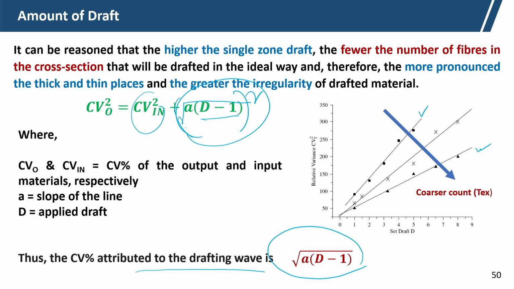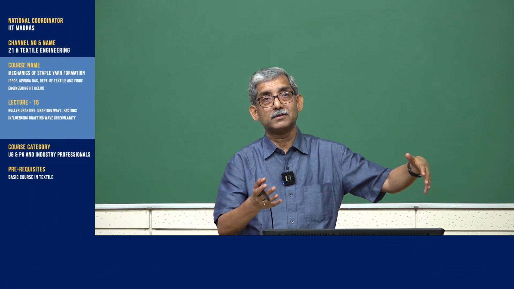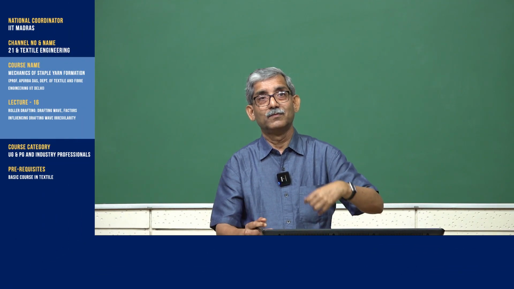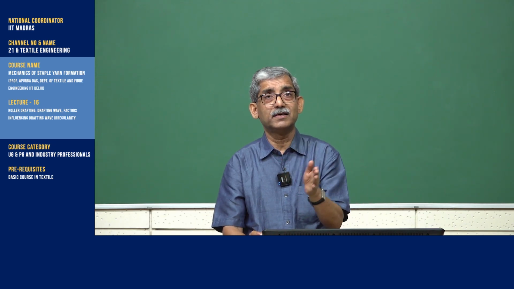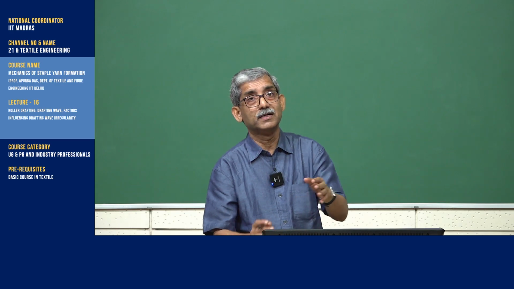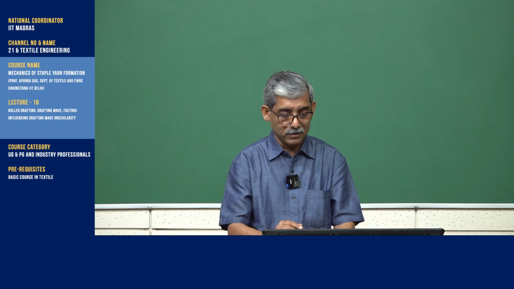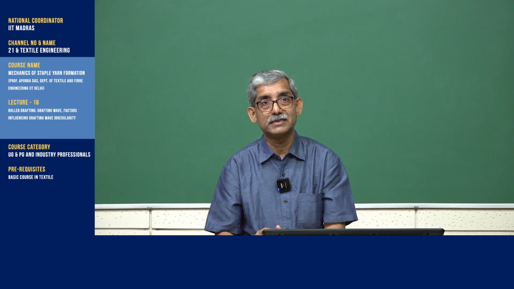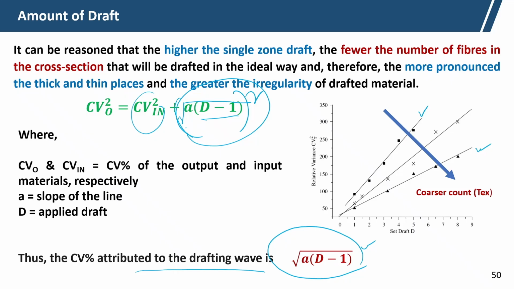In any spinning system, the CV percentage is added, the variance is added, in the square root of CV square, and it is added or subtracted, that we will see in the next session. Now, the square root of A multiplied by (D minus 1) is the contribution of CV% which is added due to the drafting wave.